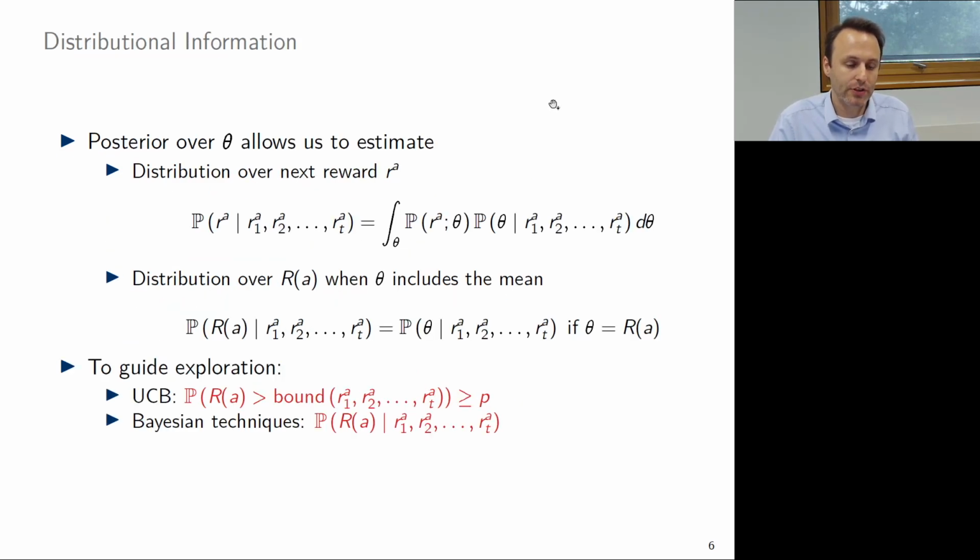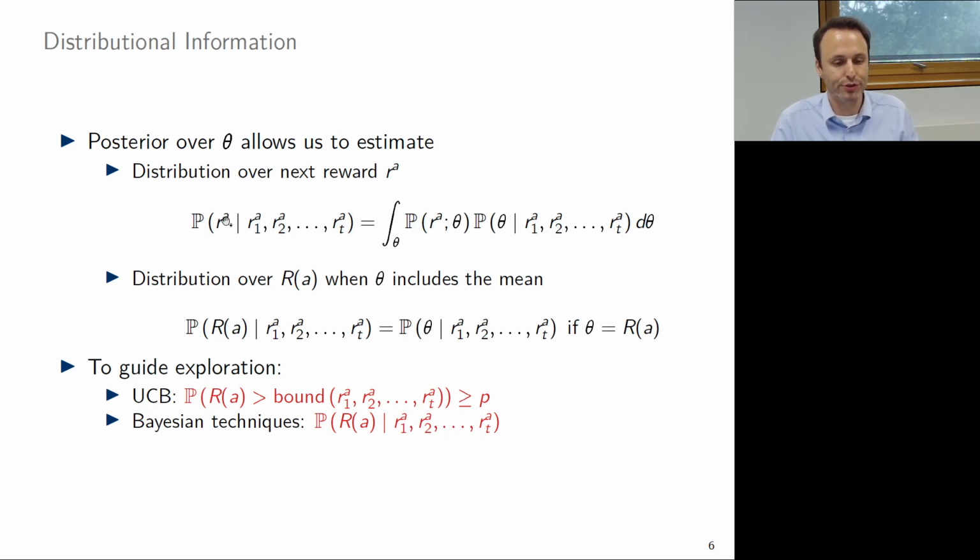With this machinery, we can predict the distribution of the next reward, having seen rewards 1 through T so far. That's the probability of the reward given theta, the true success probability, weighted with the posterior. Because we don't know what the right theta is, we just try out many thetas and get this posterior distribution.